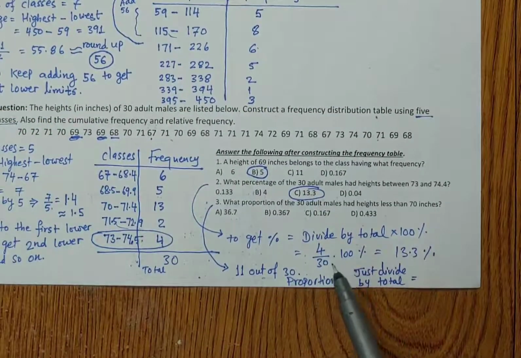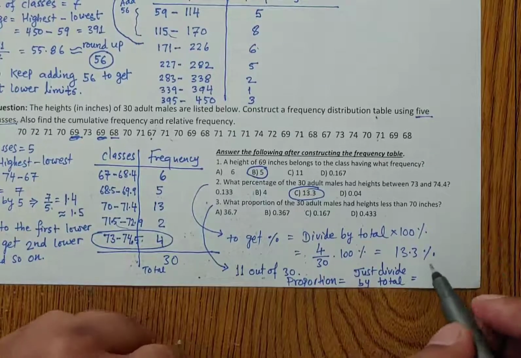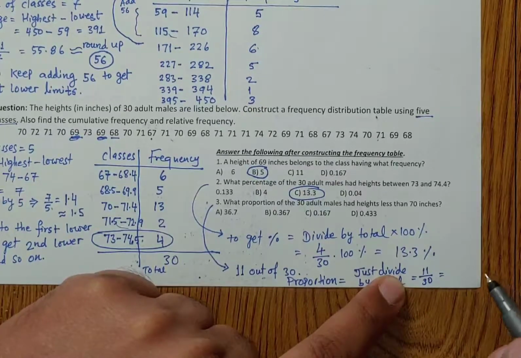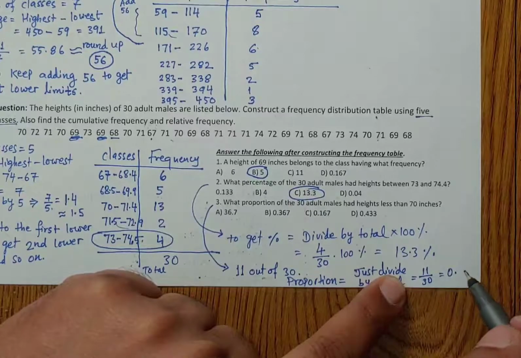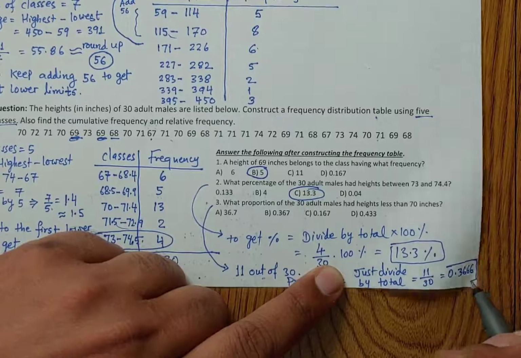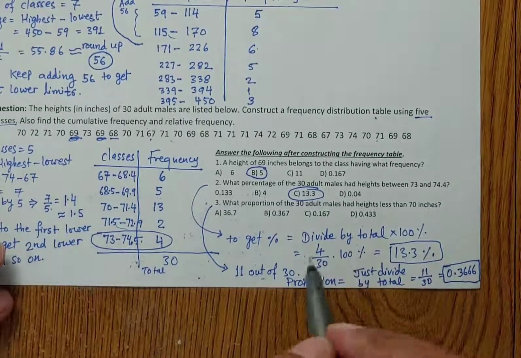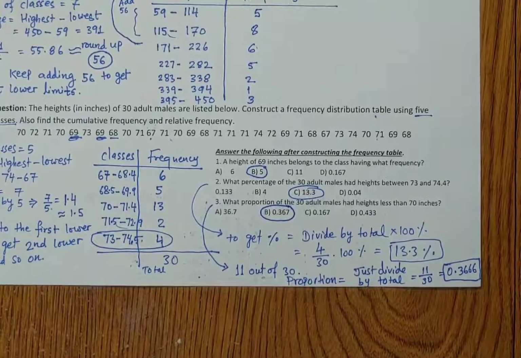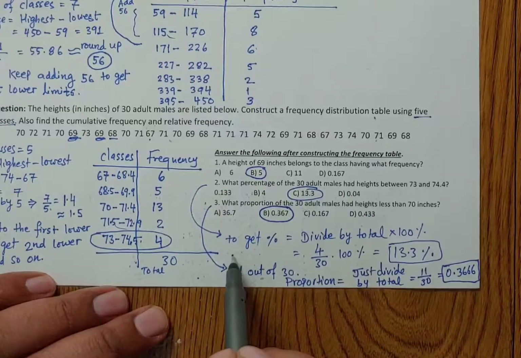For percentage, you divide by total and multiply by 100. So 11 divided by 30 is 0.3666, which is 0.367. This is the proportion. So these are two different questions.